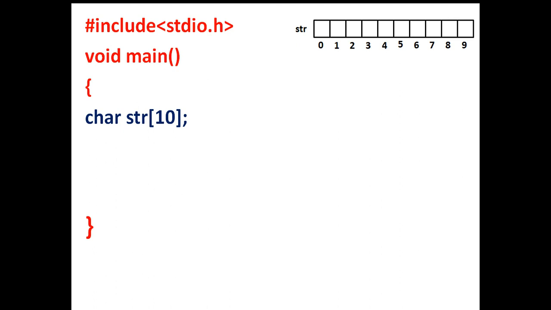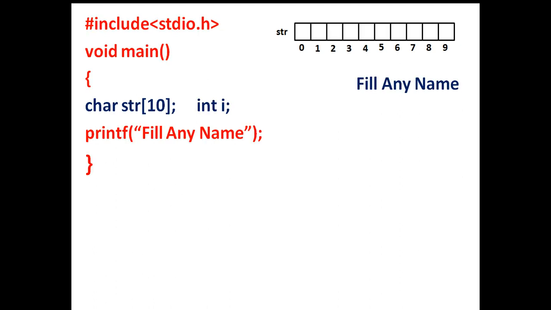So first of all, we have to get an entry. For getting an entry, we will give a message with printf. With printf, we are giving a message to fill any name. So now we have to get a name entered, so we will use an input function.